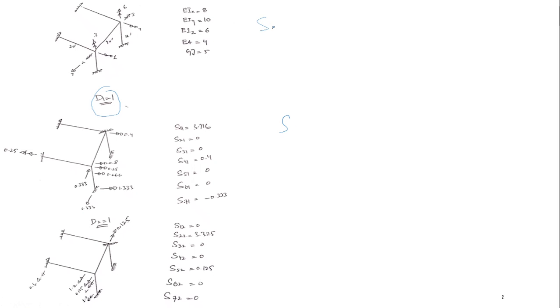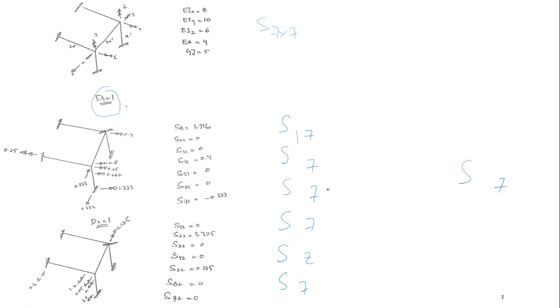The order of the stiffness matrix would be 7 by 7 because there are 7 degrees of freedom. So everything would be like this: S, 1, 2, 3, 4, and so on up to 7.